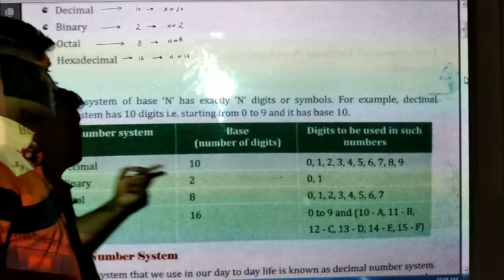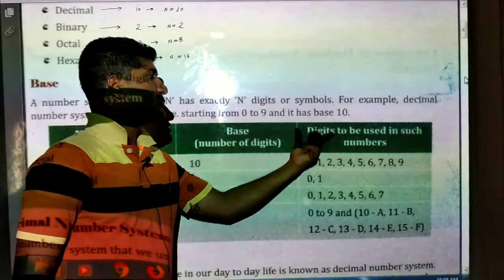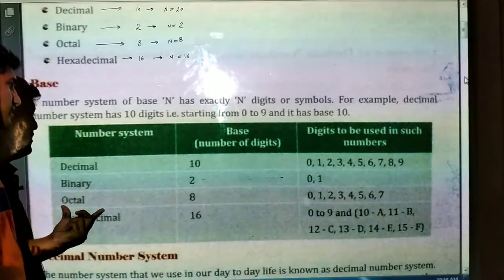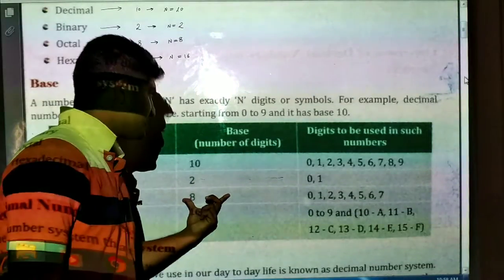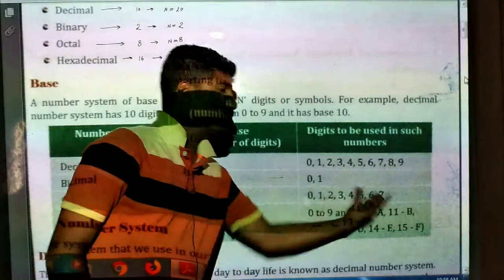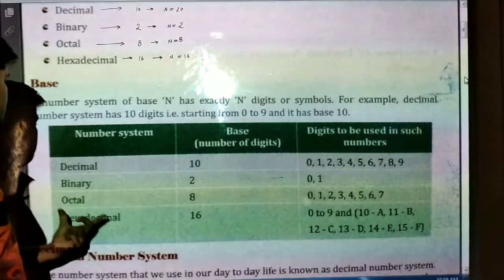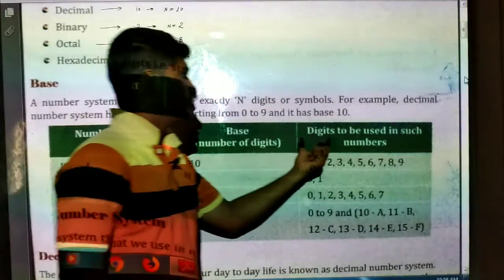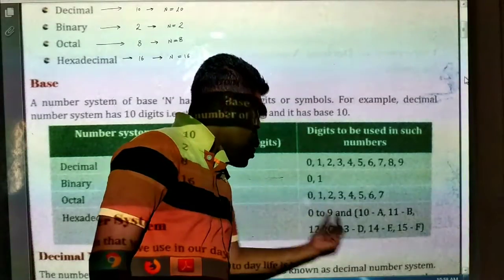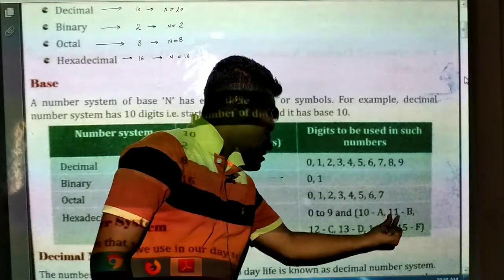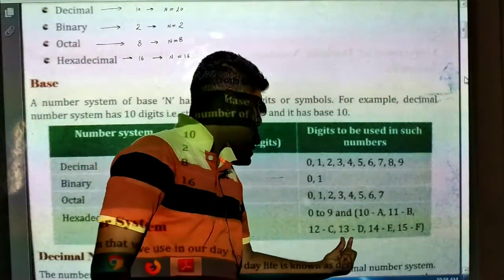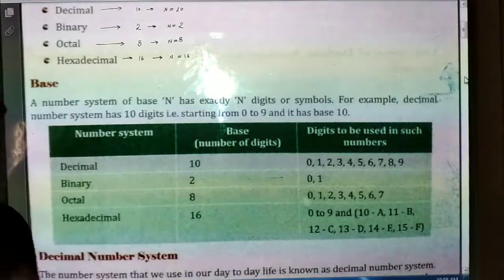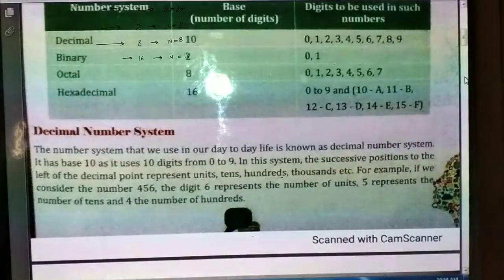In binary number system base 2, because digits that we use are 2. In octal number system base is 8, that we use 0 to 7 digits in this number system. And hexadecimal base is 16, that we use 16 digits, 0 to 9, and A, 10, B, 11, C, 12, D, 13, E, 14, and F, 15. So all these things we discussed in the previous lecture.